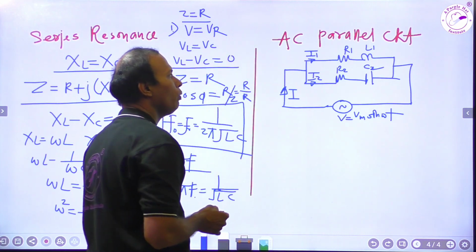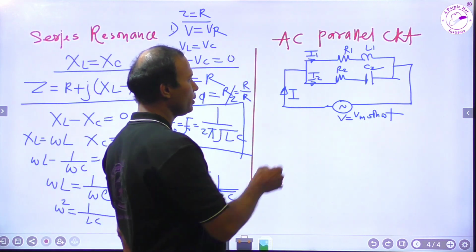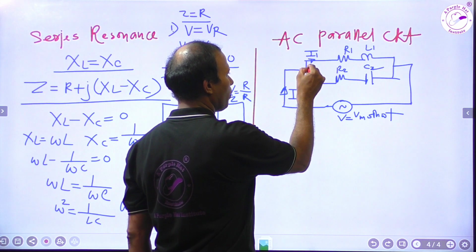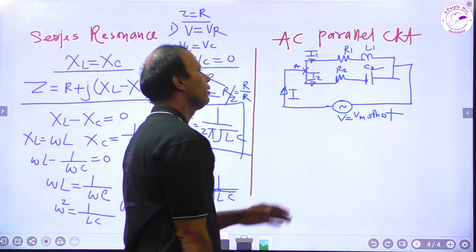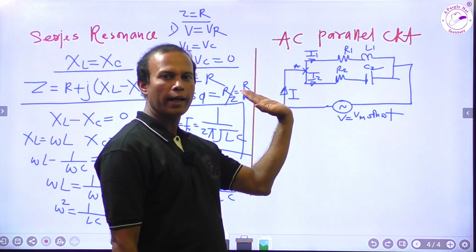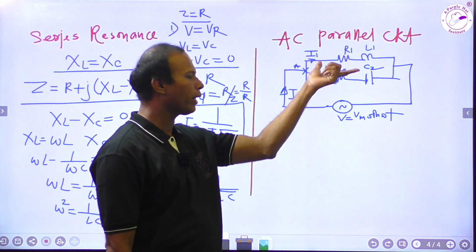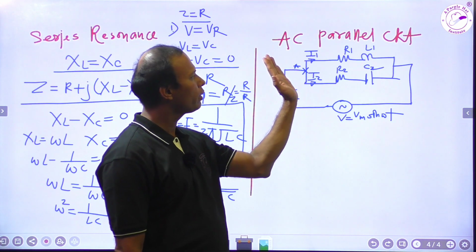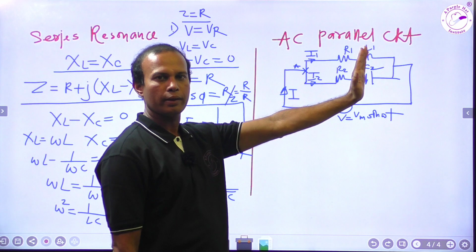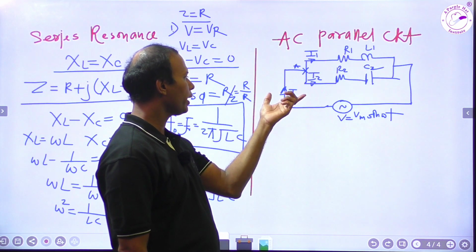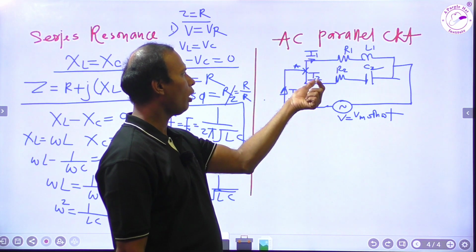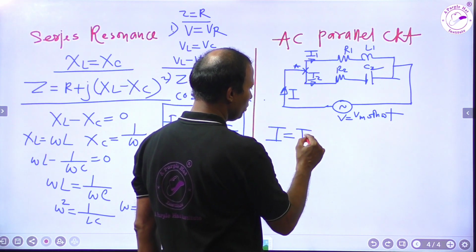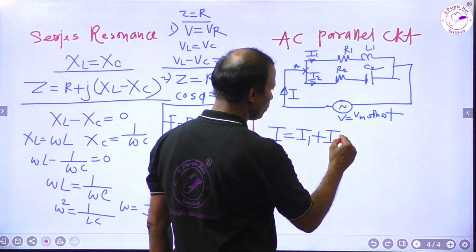Now we apply Kirchhoff's current law at this junction, which I am marking as A. The law says the incoming current is I ampere and the outgoing currents are I1 and I2. Current flowing towards the junction must be taken as positive, while current flowing away from the junction must be taken as negative. So this is the incoming current, and these two are the outgoing currents. I will write the equation: incoming current is equal to outgoing current I1 plus I2.